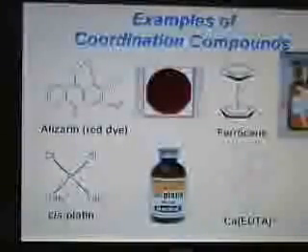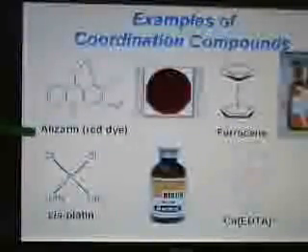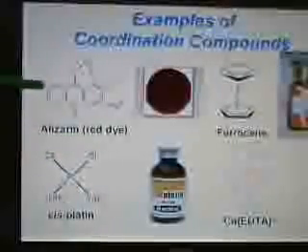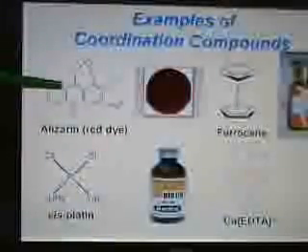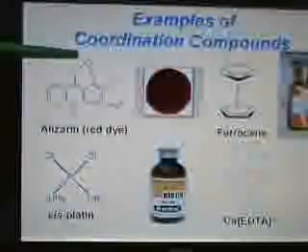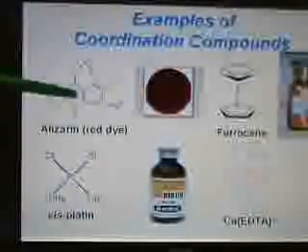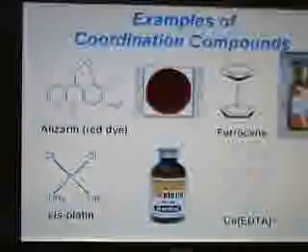Some more examples of coordination compounds and their usefulness include this compound right here, alizarin, which is a red dye. It has this complex ring structure, a sulfonate bonded to Al3+. This compound produces a red dye.